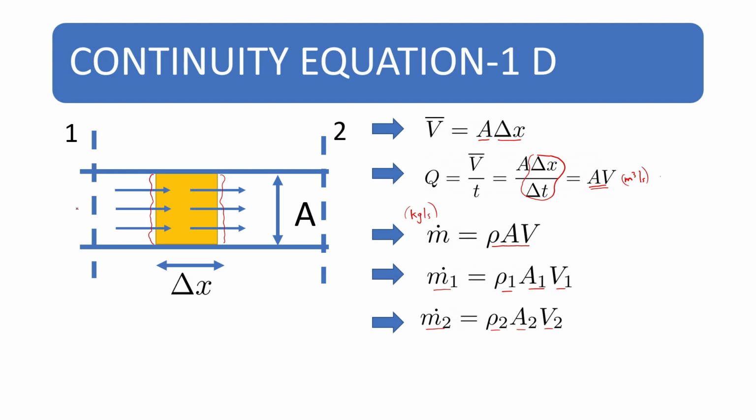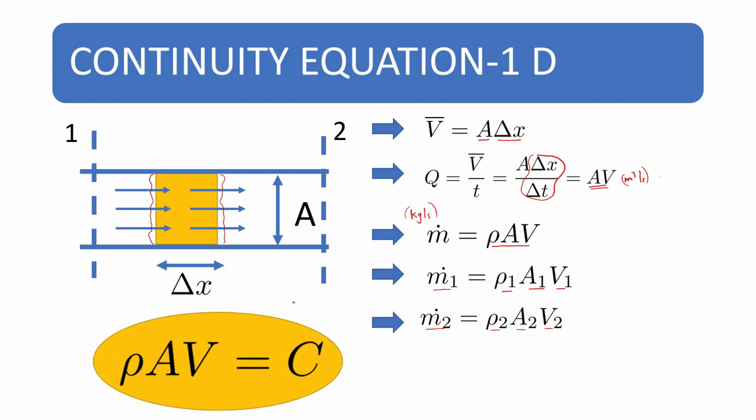So according to law of conservation of mass, whatever mass is entering at section 1 should leave at section 2 if there is no mass stored inside here. So m1 dot is equal to m2 dot if there is no mass stored inside this pipe.